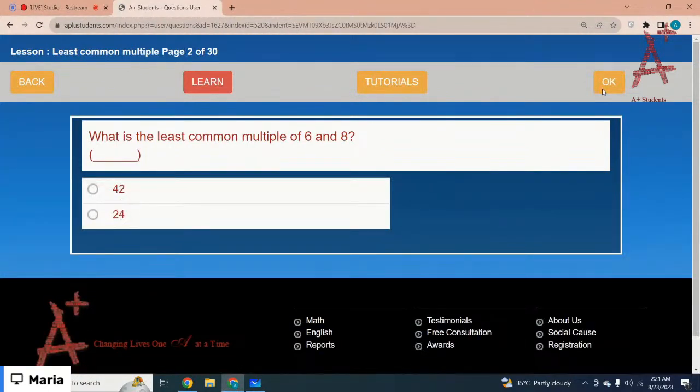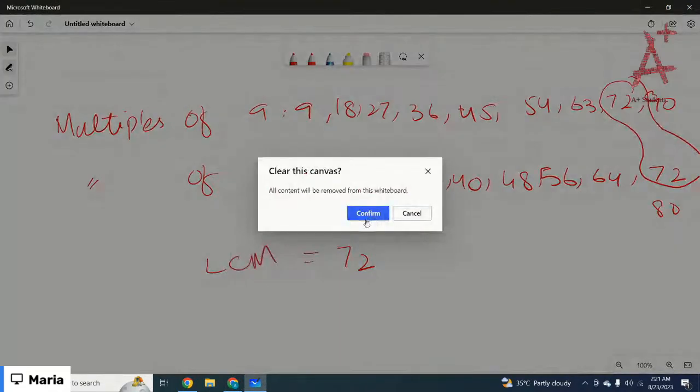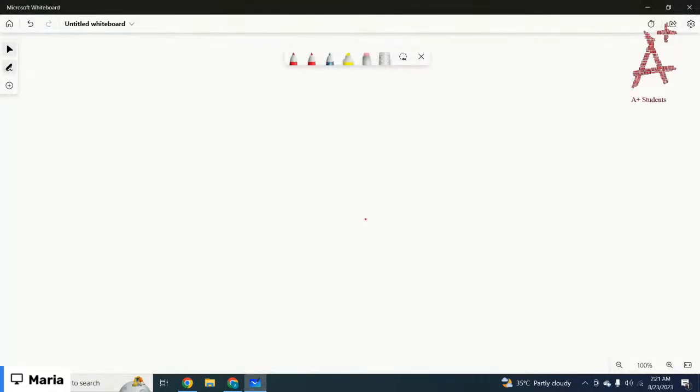Okay, what is the least common multiple of 6 and 8? So you have to write down the multiples of 6 and 8.